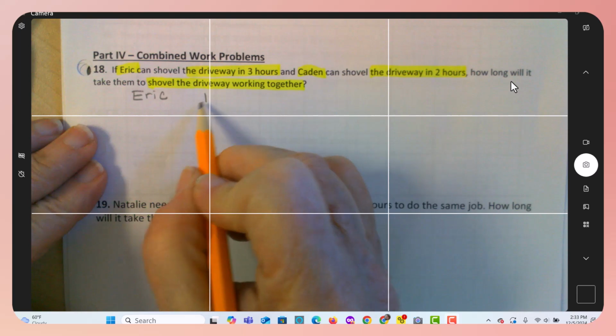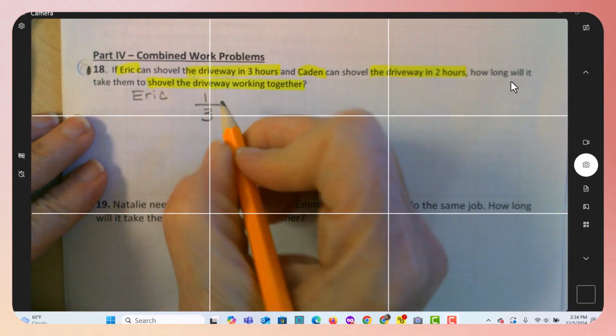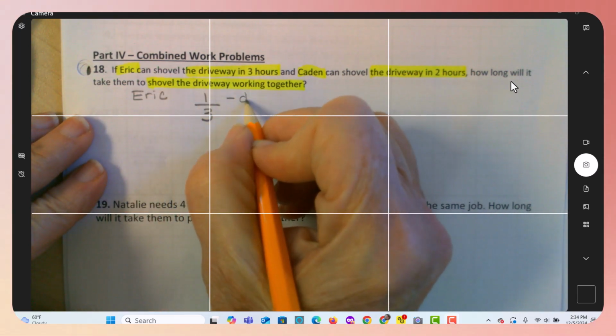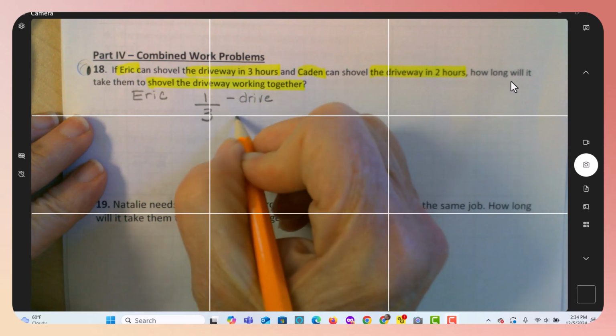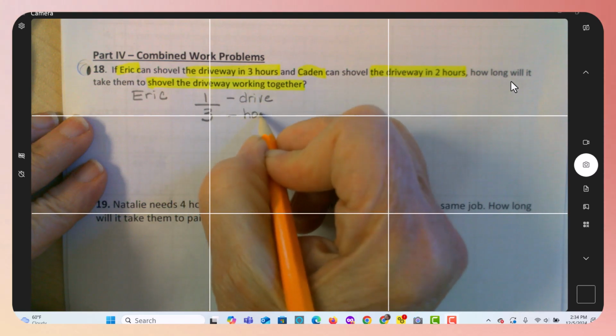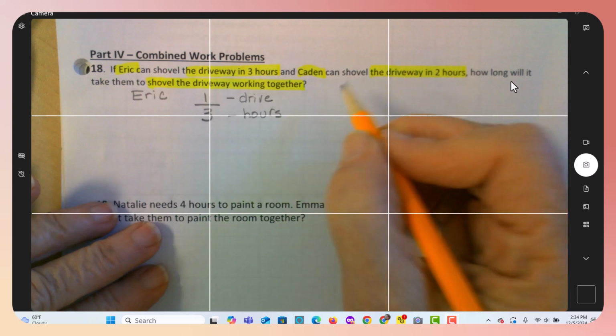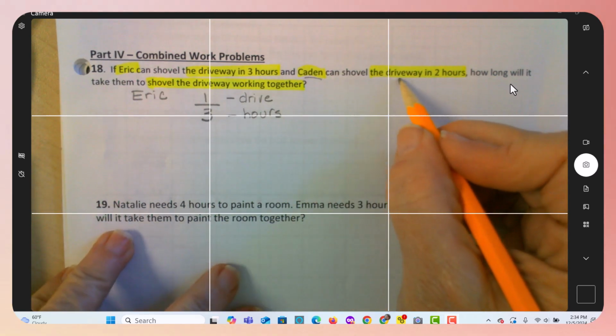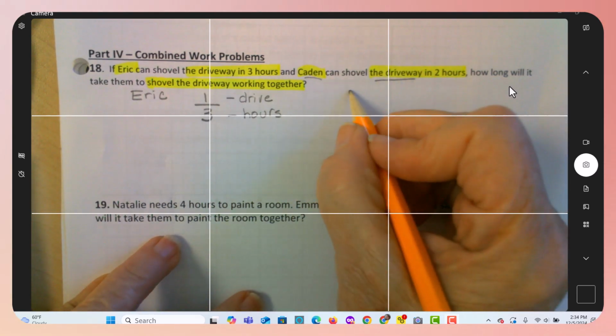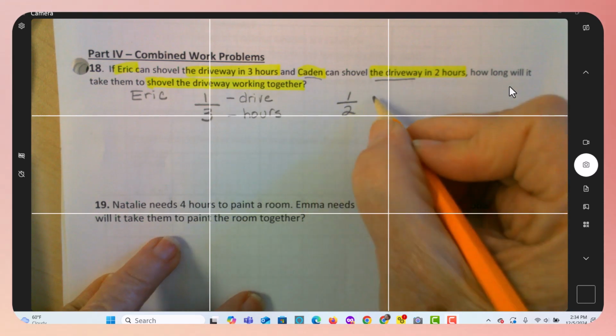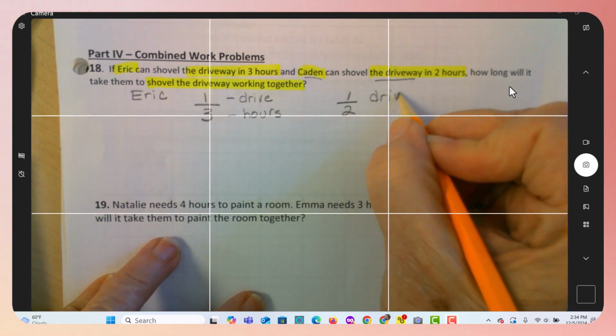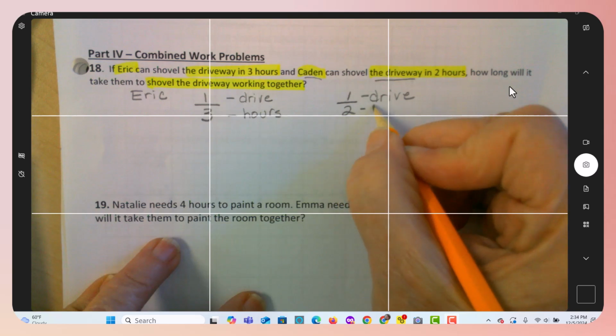Okay, 1 driveway in 3 hours. So on the top, we've got driveway, and on the bottom, we have hours. Okay, we're going to set up Caden's ratio, same driveway, so 1 driveway in 2 hours. Driveway and hours.